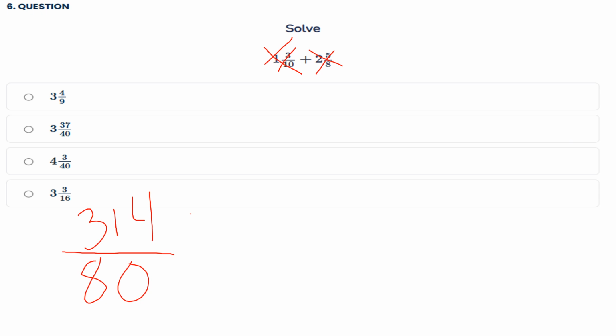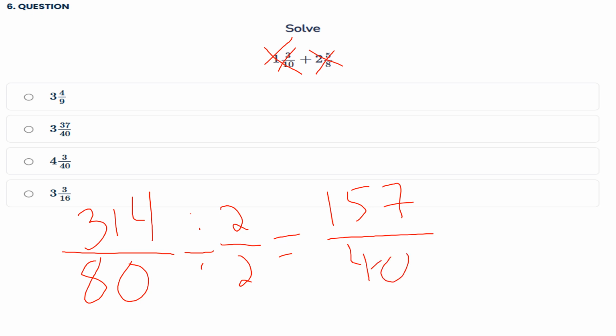So the easiest thing you could do is start off with 2 and go from there. So we're going to divide 314 by 2. That's going to give us 157. And divide 80 by 2. That's going to give us 40.